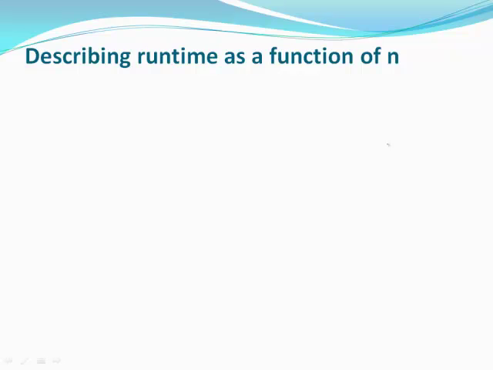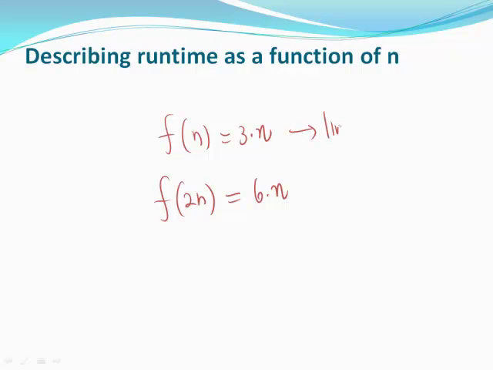One of the big things we're going to try to do is describe the runtime as a function of n. So if I define f of n to be 3 times n, and if I double the size of the data set, this would become 6 times n. In other words, the function is linear in this case.